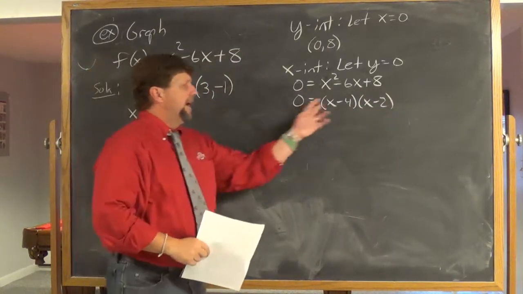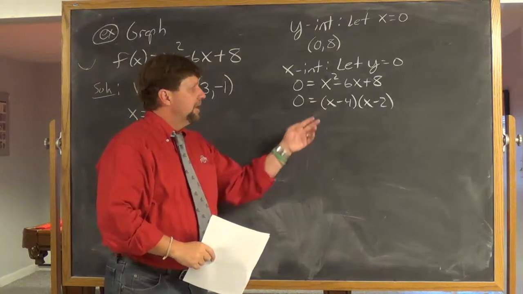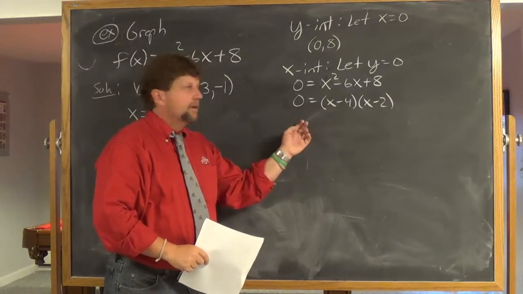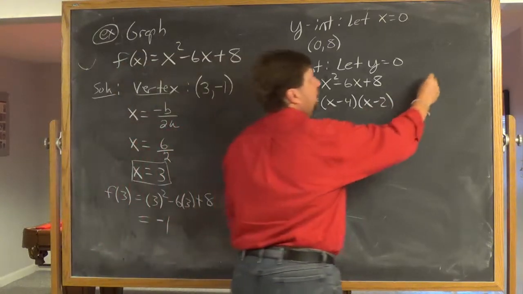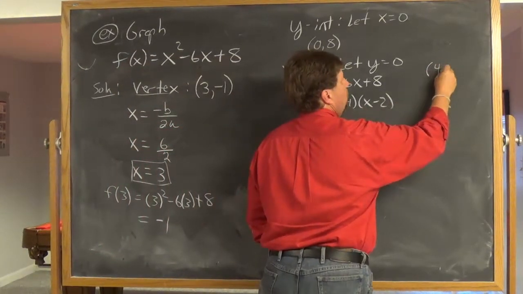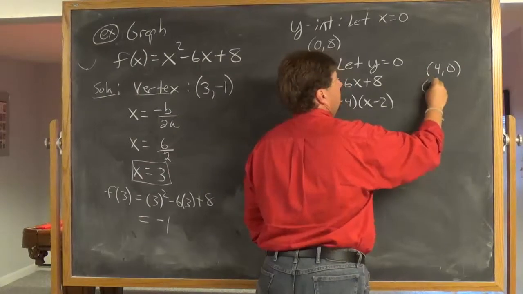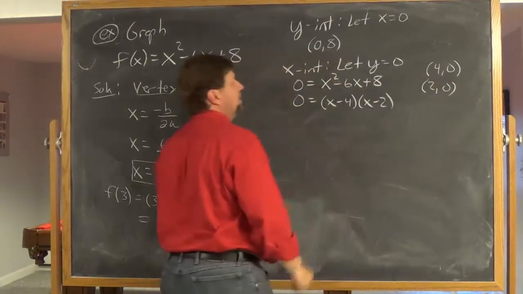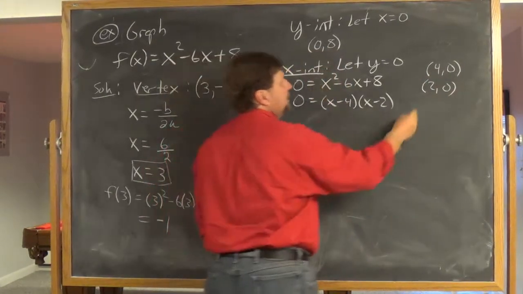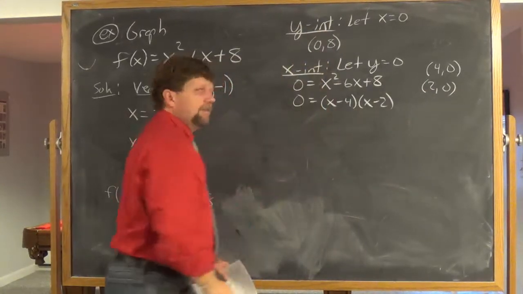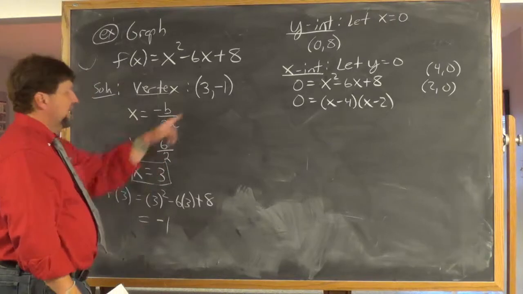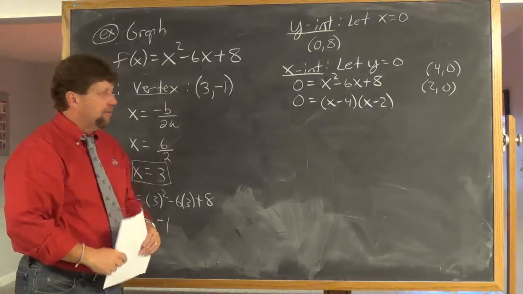So if you set each factor equal to 0, you're going to get x is 4 and x is 2. So the x-intercepts are at the points 4, 0 and 2, 0. The y-intercept is at 0, 8. And the vertex is at 3, negative 1.